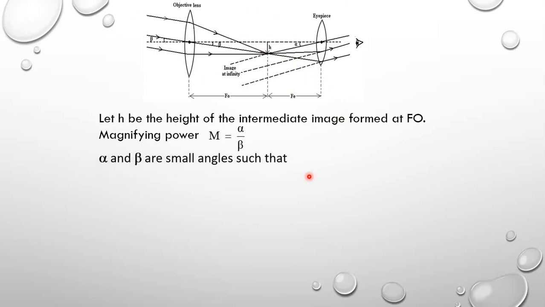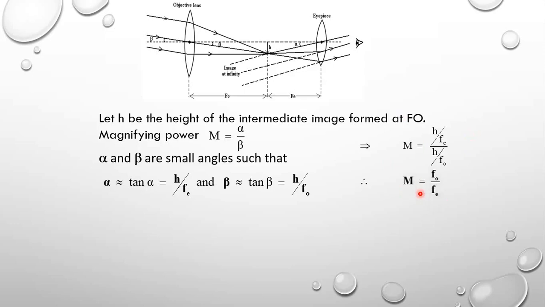So alpha is approximately equal to tan alpha, which is opposite h over adjacent Fe. And also beta is approximately equal to tan beta, which is opposite h over adjacent f0. So when you substitute that in the magnifying power formula, we shall have this. If we divide that, we shall get our M, the magnifying power, as f0 over Fe.